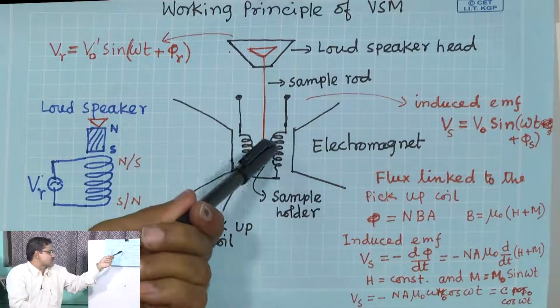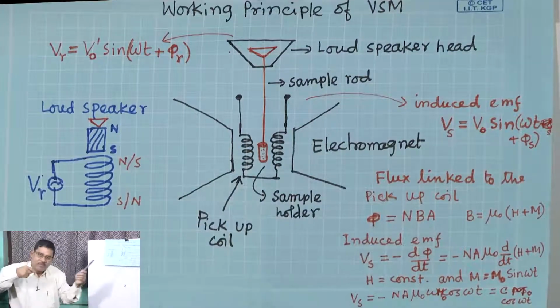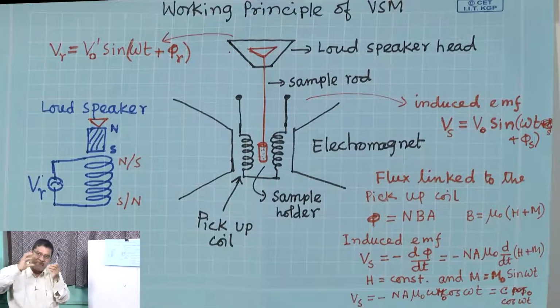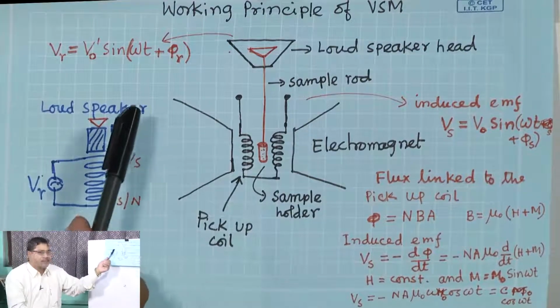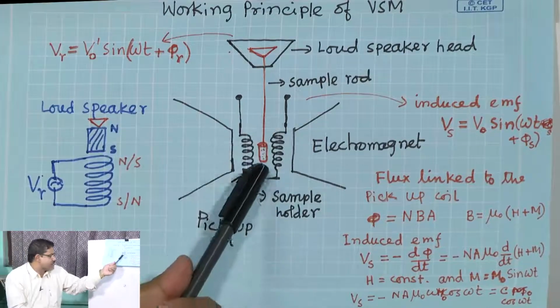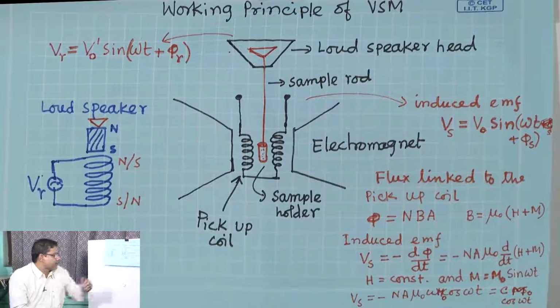So it depends on the number of turns of the coil, it depends on the area of the coil, and the flux will of course depend on the magnetic field H as well as M, the magnetization.